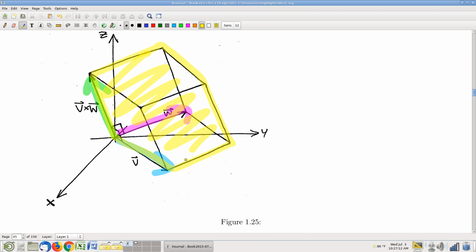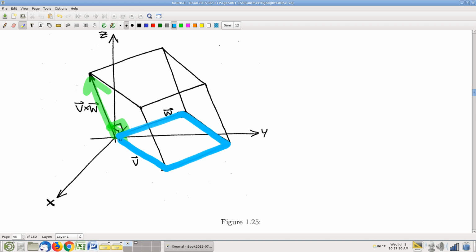And I'm going to compute that volume now in a different way. Neat observation to make about this volume. Keep in mind, we've already showed that the cross product is perpendicular to both of the other vectors. So this is not just a random parallelepiped. This is a parallelepiped, which is a parallelogram and then a perpendicular vector to that parallelogram. And so the volume has an easy formula here.